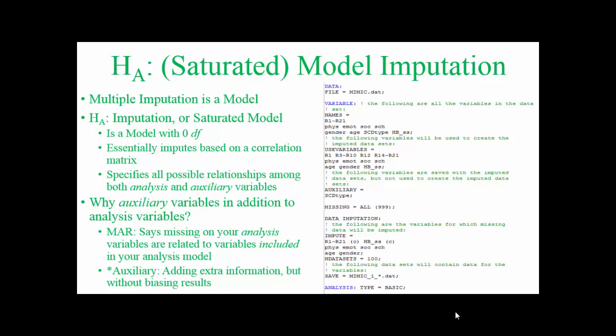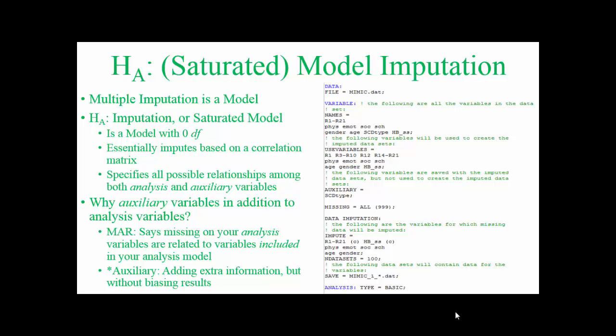Well, it's because they're continuous. In this case, I'm asking for 100 data sets. Why 100? Well, my sample size is kind of small, so I'm going to pump up the number of multiply imputed data sets. I'm going to write it out with a wildcard character that's going to replace this star with all integer values from 1 to 100.